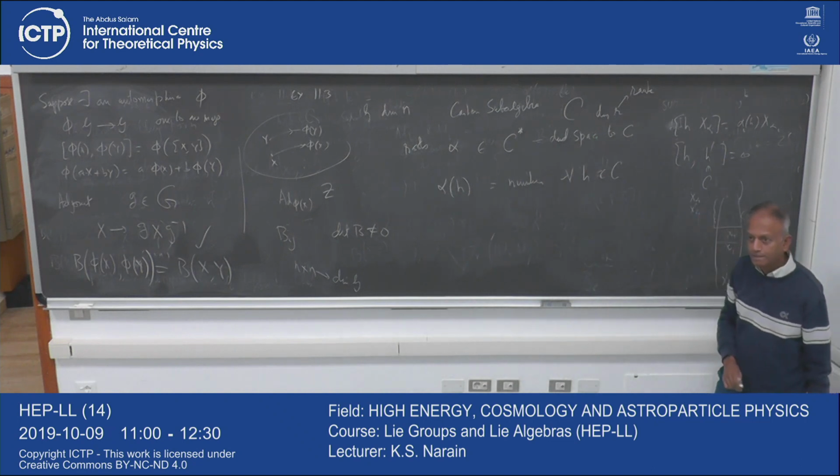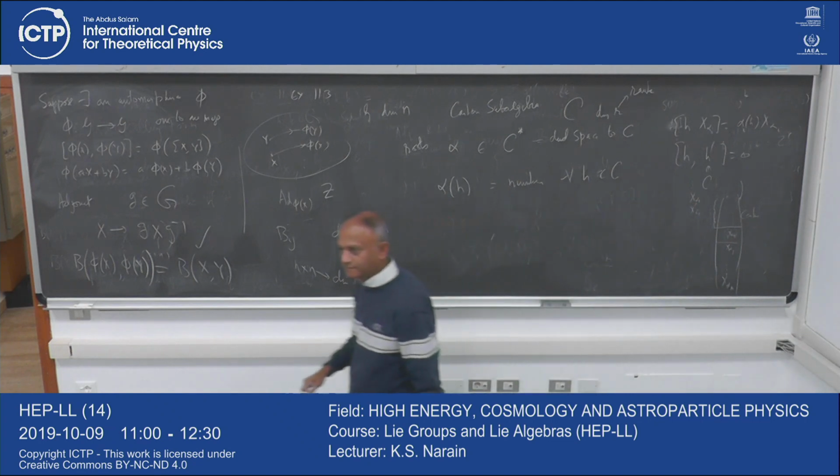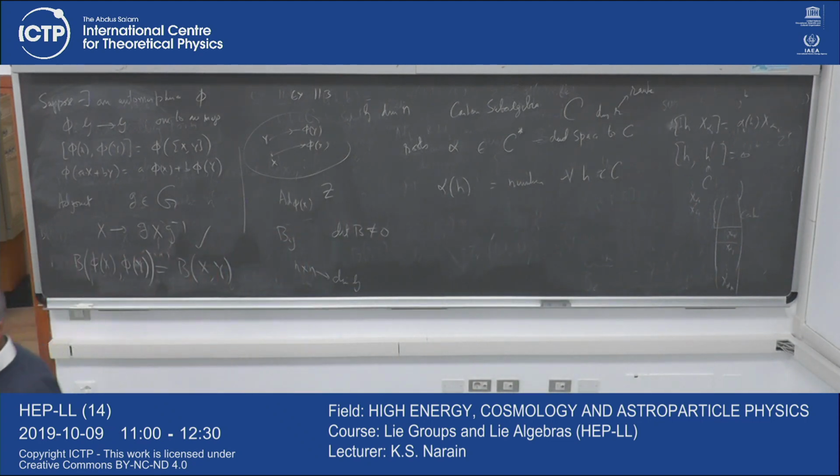Now, we remember that for SU(3), alpha_1 of a times h_1 plus b times h_2 gives a number. So in that sense, you have a dual space.